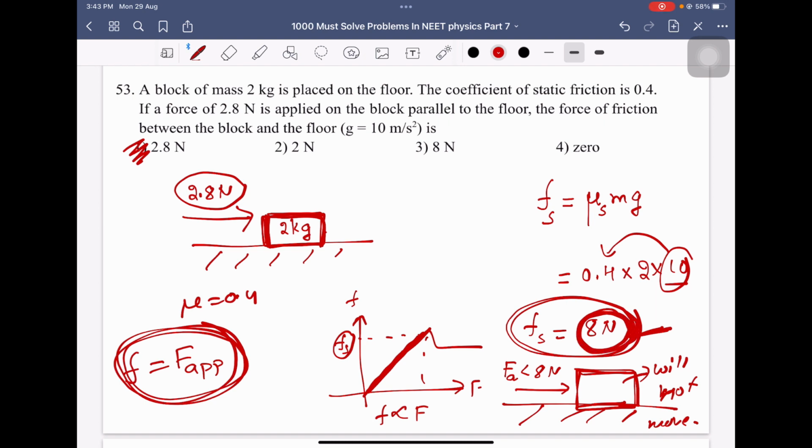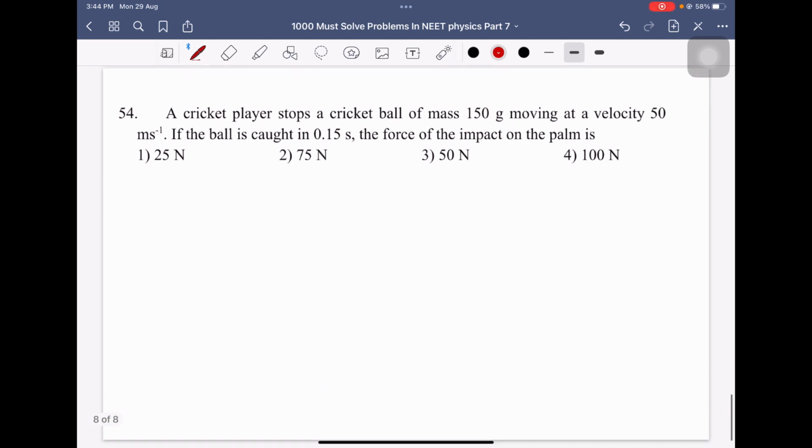The block is not moving forward or backward. Therefore, some frictional force should be developed in the opposite direction, which has a magnitude equal to 2.8 Newton.